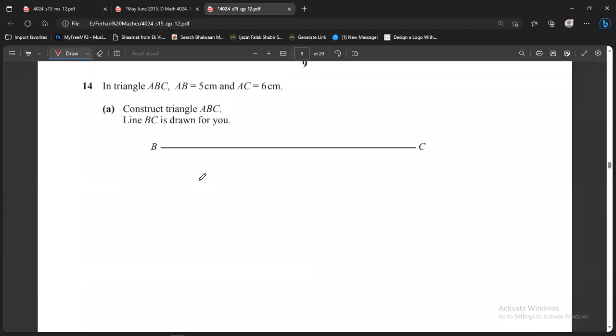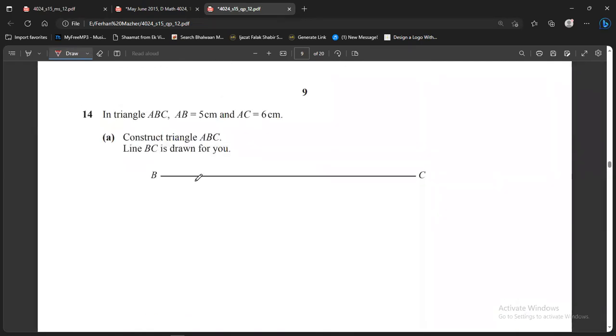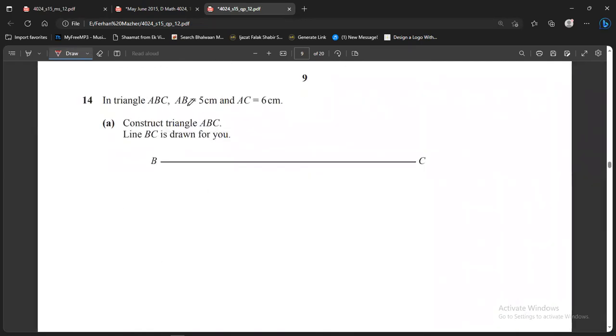That's question number 14. In the triangle ABC, AB is 5 centimeter and AC is 6 centimeter. Construct the triangle ABC. The line BC is drawn for you. Okay, very simple. I will open my compass 5 centimeter. I will put the compass here and draw an arc here. Then AC is 6 centimeter.